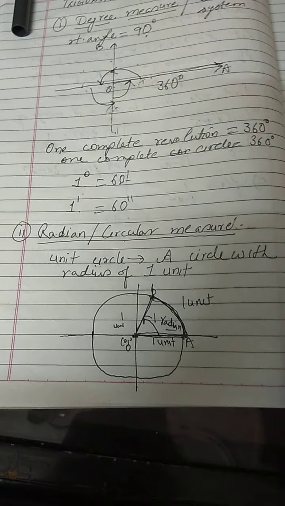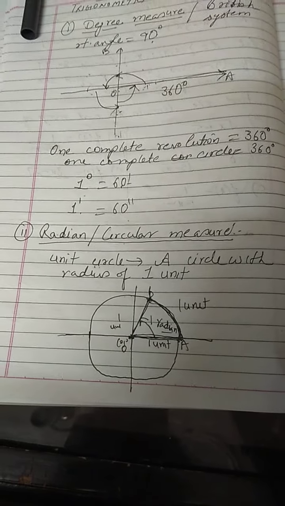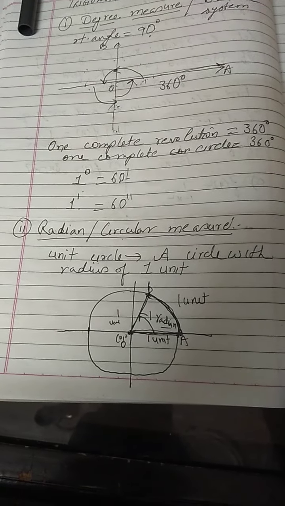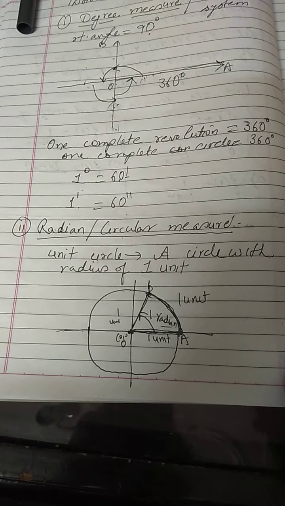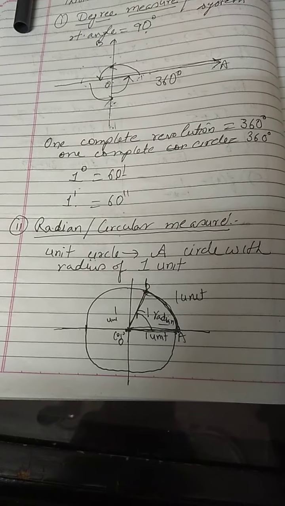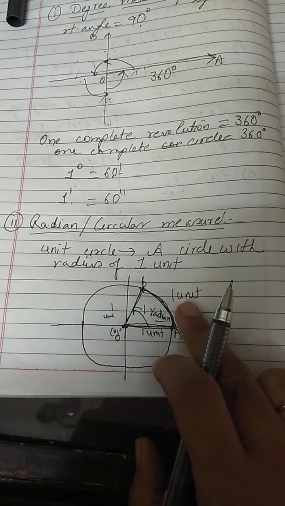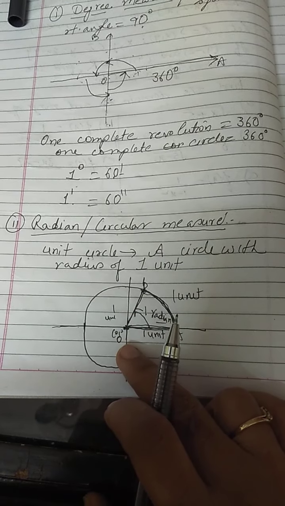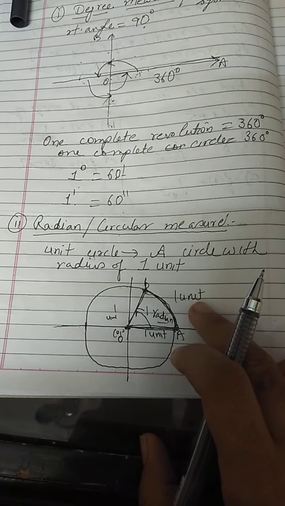So in the circle, the angle subtended by an arc at the center of a unit circle is said to have a 1 radian measure. And what is the length of the arc? The length of the arc is also 1 unit. The circle is a unit circle, that means radius is 1 unit, the length of the arc is 1 unit.